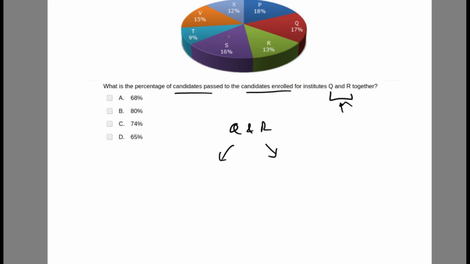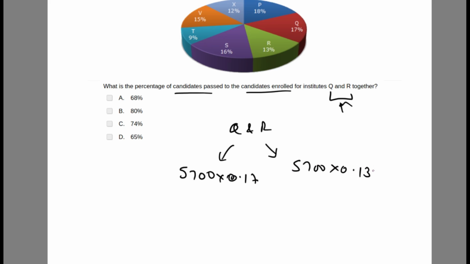For Q, let us look, Q is 17%, so 5700 into 0.17, and R is 13%, so 5700 into 0.13.